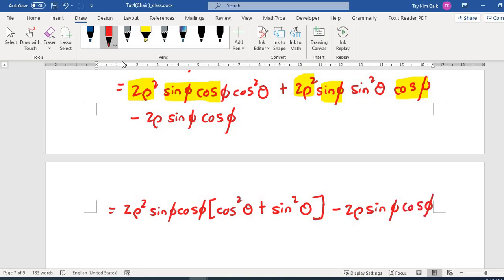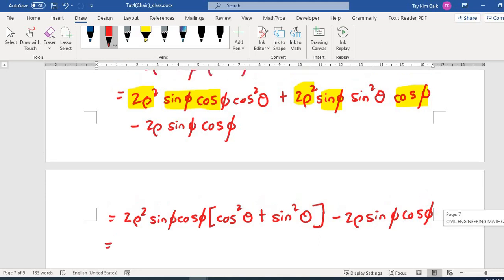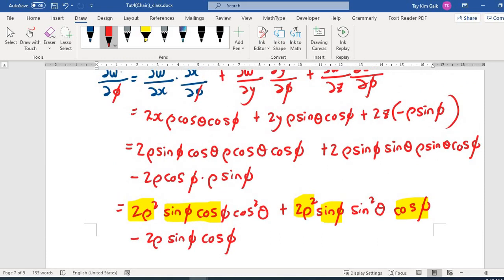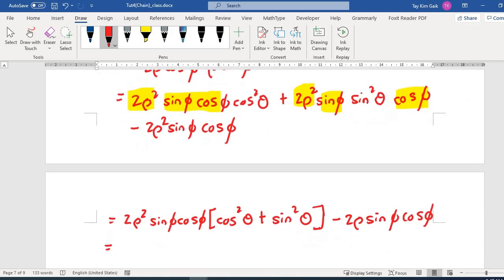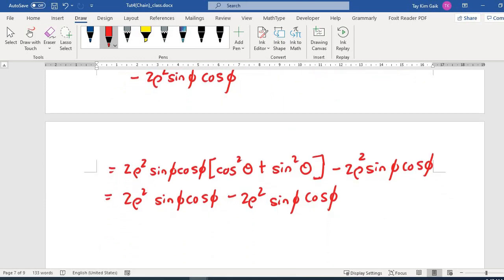So we have 2 rho squared sin phi cos phi minus 2 rho squared sin phi cos phi, and the answer is 0.